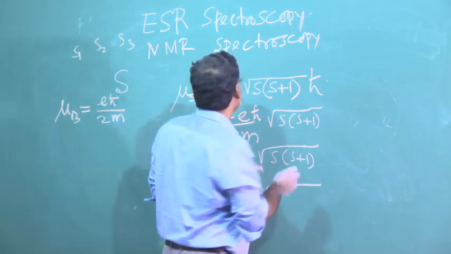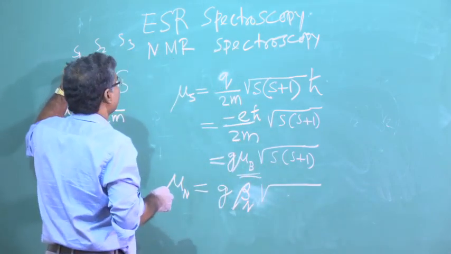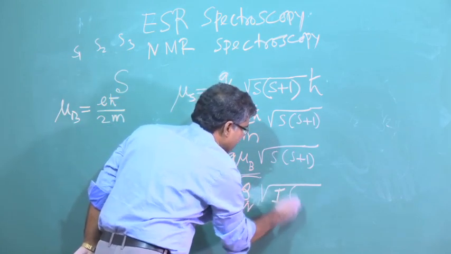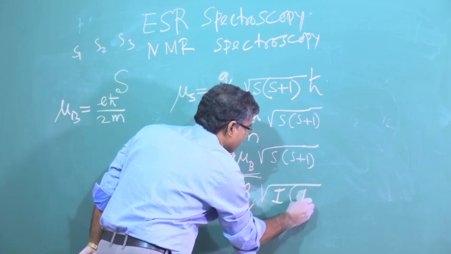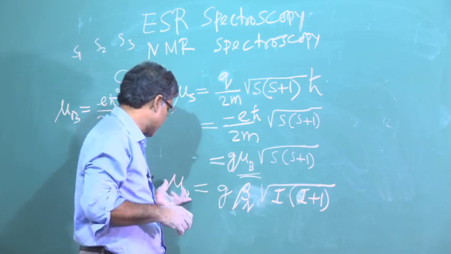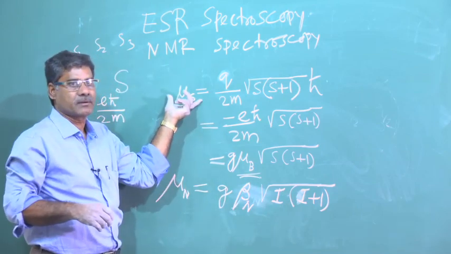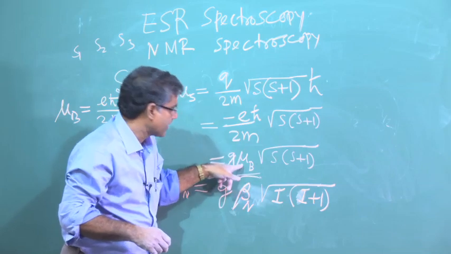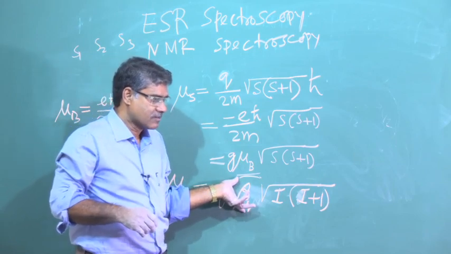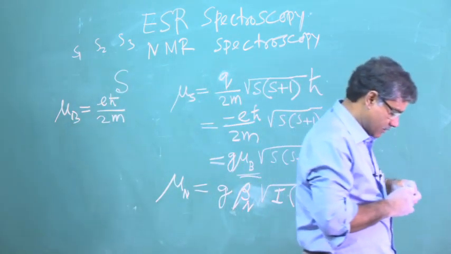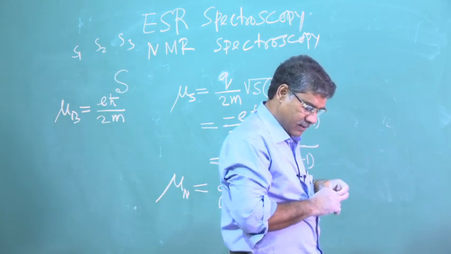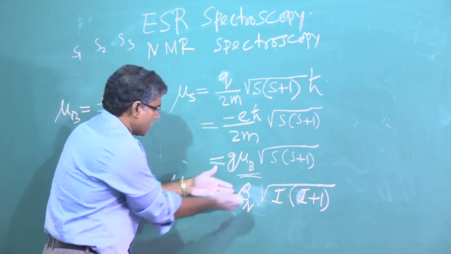So for nuclear spin, whereas for electron spin we use S, for nuclear spin we use the notation I. Okay. So one can write this way, for nuclear. So this nuclear spin magnetic moment is in terms of the nuclear magneton, some special name, I don't remember exactly. Anyway, what is this beta n?